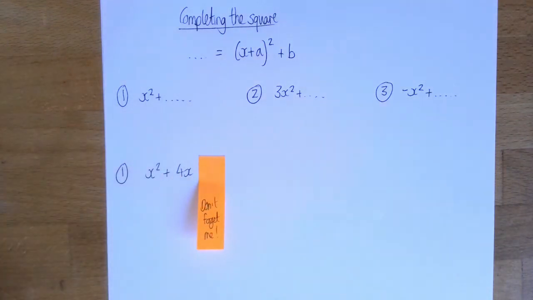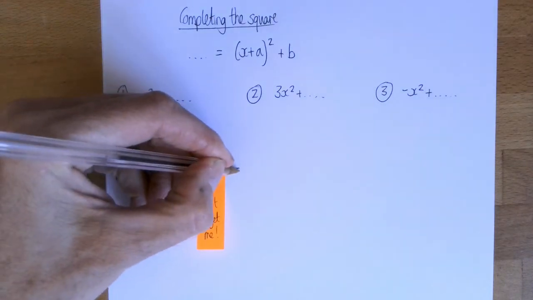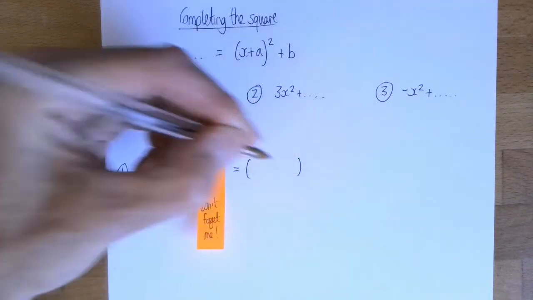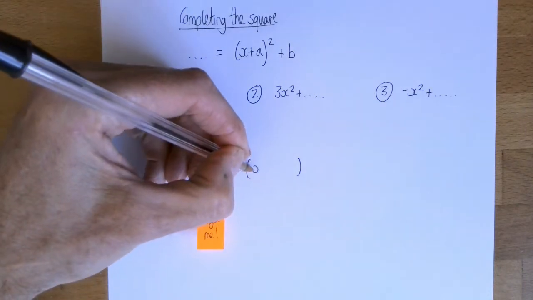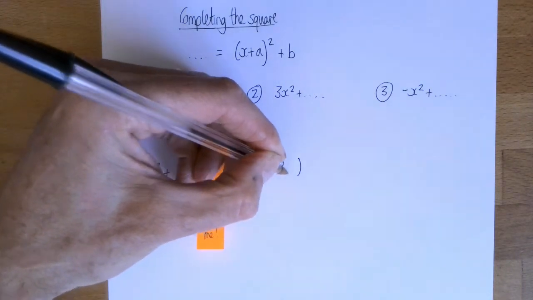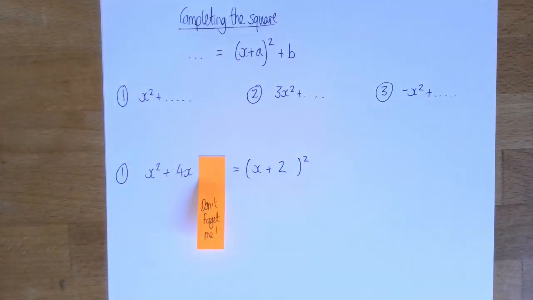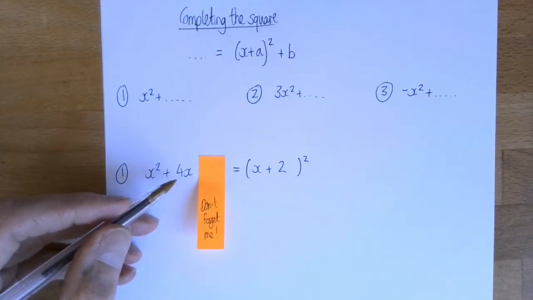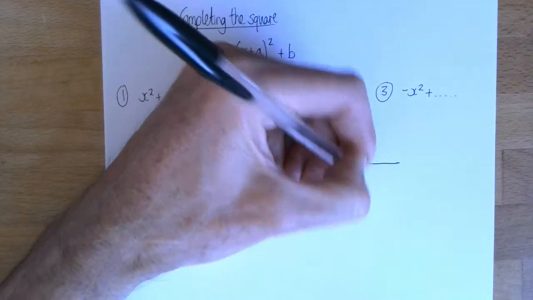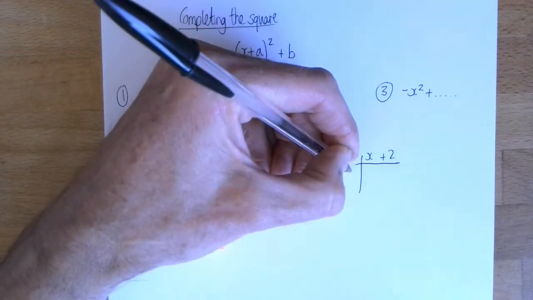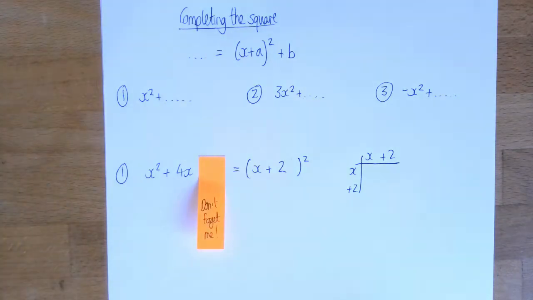So I'm going to just look at this. And I know that x squared plus 4x must come from a bracket that looks like that. To get the x squared and the 4x, I need this. Let's just grid it out to check. x plus 2 squared means x plus 2 multiplied by x plus 2.